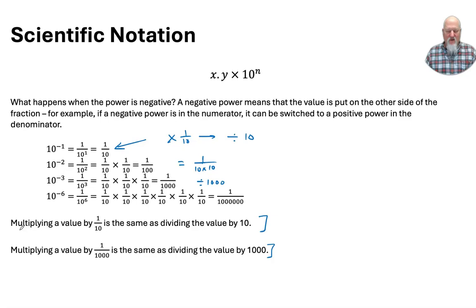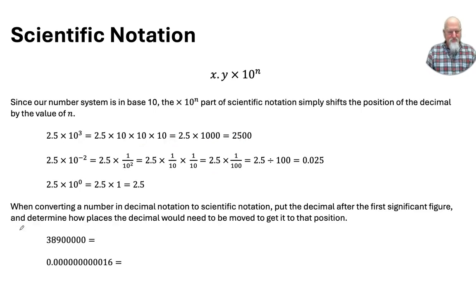Multiplying by 1/1000th is the same as dividing by 1,000. Okay, so since our number system is based on tens, or base 10, the times 10 to the nth part simply shifts the decimal that many places.